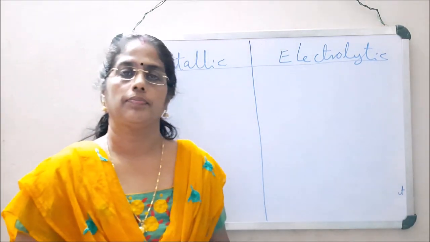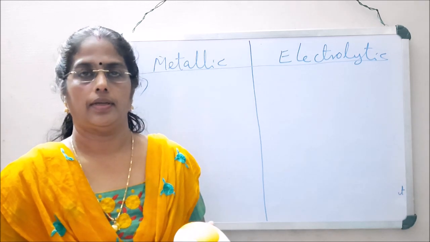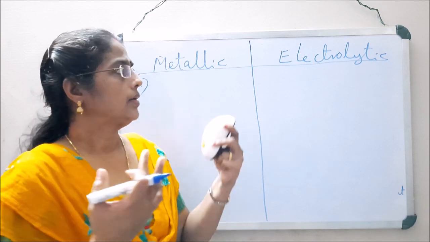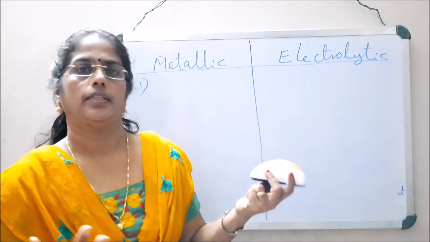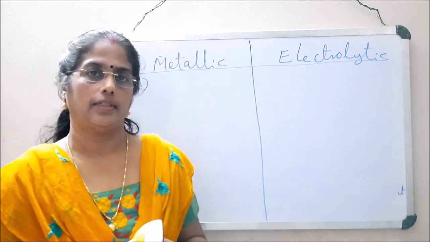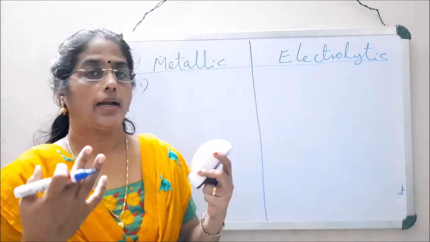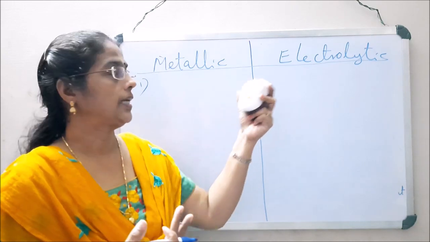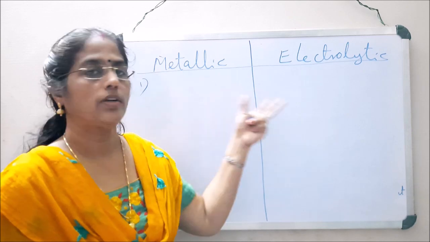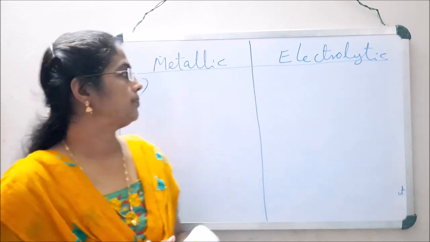Metallic conductor means, for example, copper is a metallic conductor because copper conducts electricity. Sodium chloride solution is an electrolytic conductor. It also carries electricity. But there are differences between the conductivity of these metals and electrolytes. We can discuss the differences between these metallic conductors and electrolytic conductors.